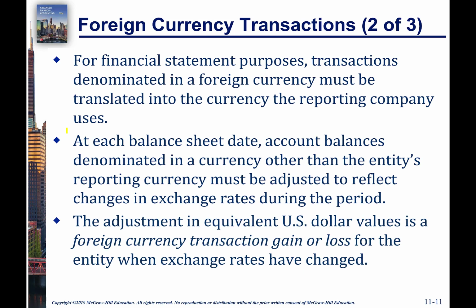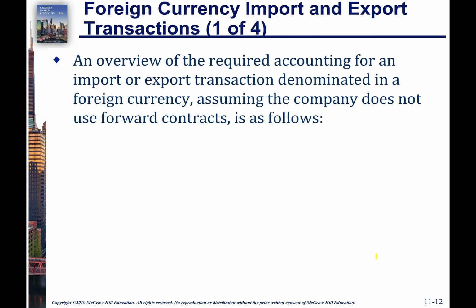And so we can see how we will generate a transaction gain or loss as a result of changing over from the foreign currency to the US dollar. As those exchange rates fluctuate, there will be gains and losses generated, and those gains and losses will be reported on the income statement.